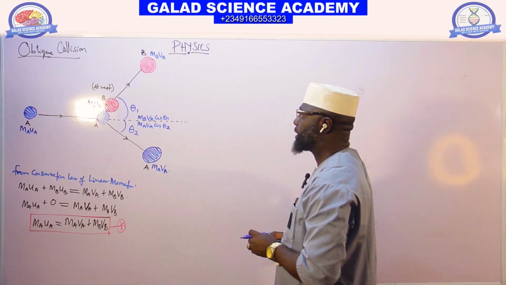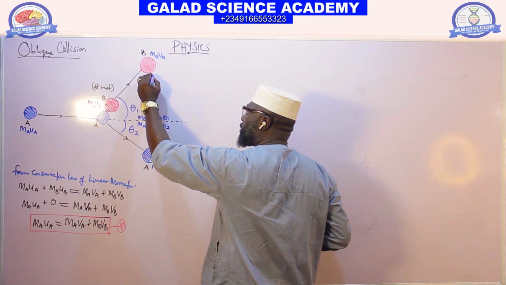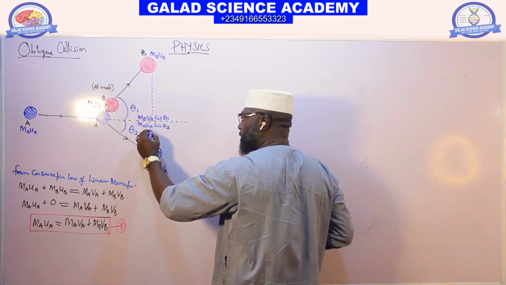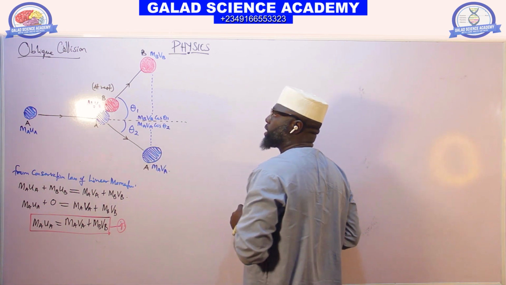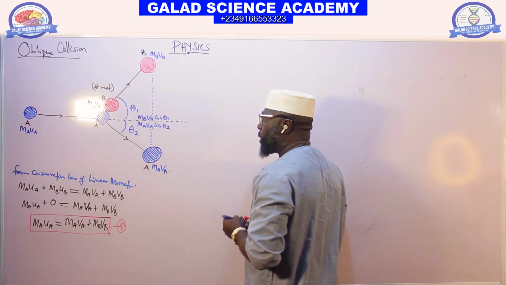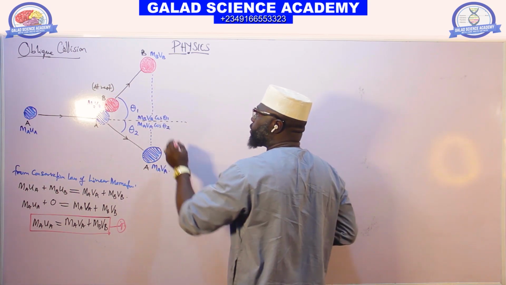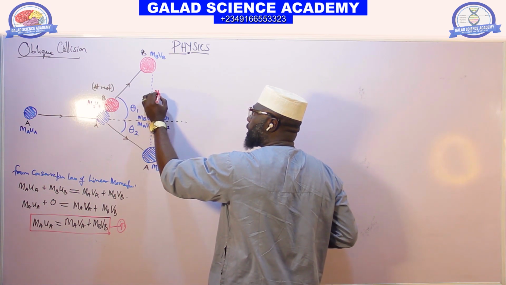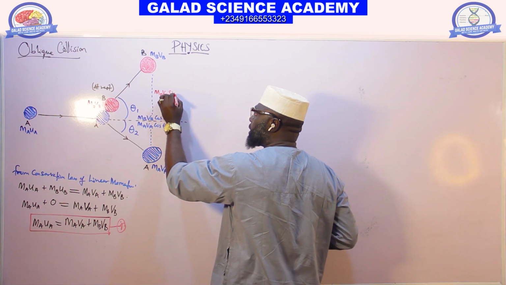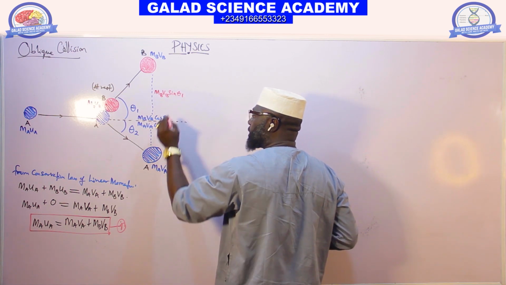And again, if you want to solve for the vertical component, for the vertical component here, what are we going to have? We will have MB VB sin theta 1.